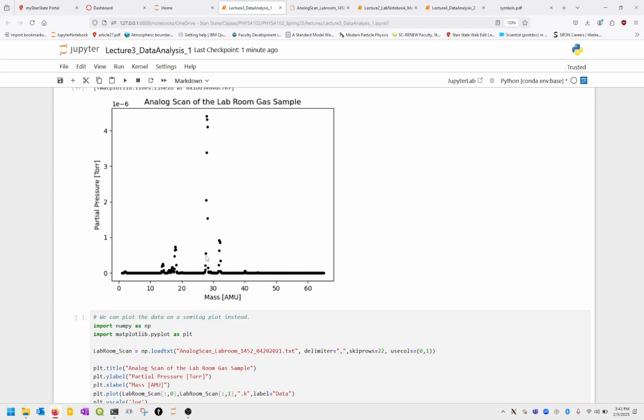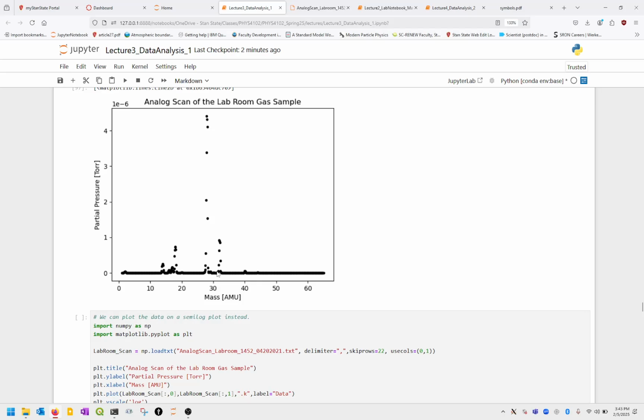When you say nitrogen, what do you mean? You mean a nitrogen molecule, not a nitrogen atom, right? And the atomic mass of a nitrogen atom is 14. So that's why there's a peak at 28.